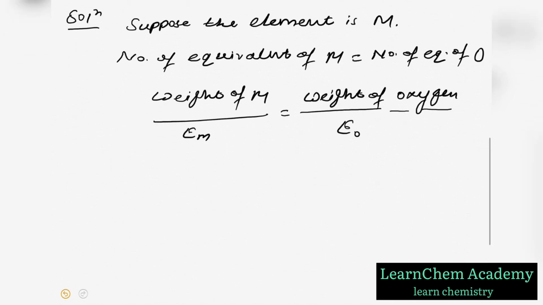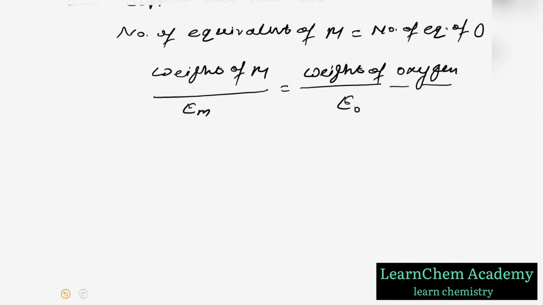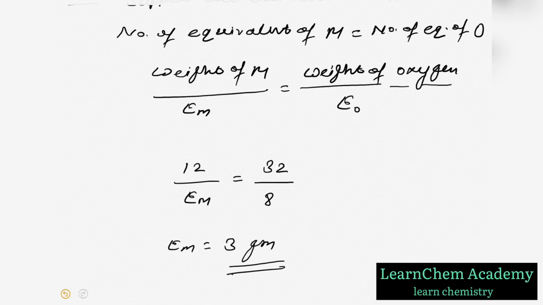So the weight of metal is 12 gram, the equivalent weight we have to calculate, and the weight of oxygen is 32 gram over the equivalent weight of oxygen. So in this way we can calculate the equivalent weight of metal as 3 gram. So this will be our answer. Okay, thank you.